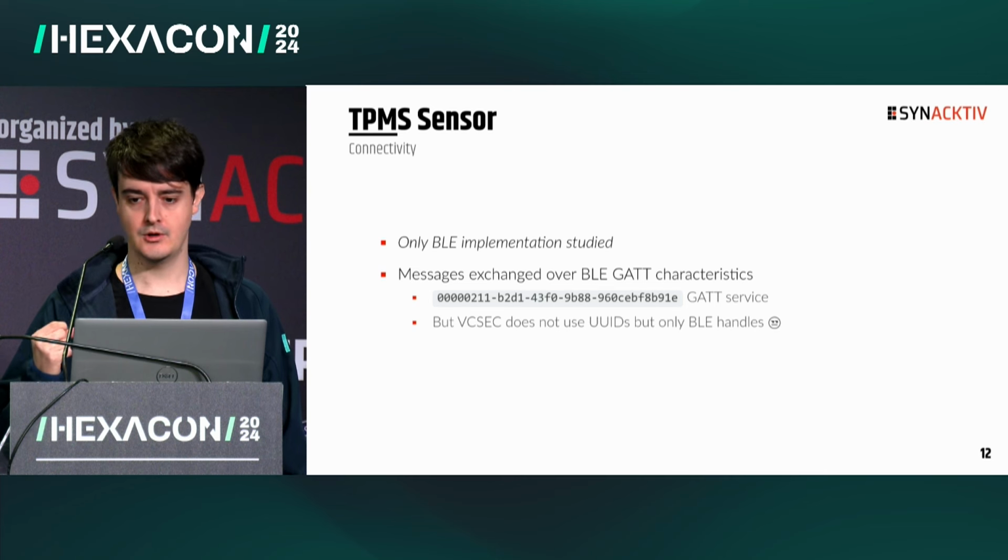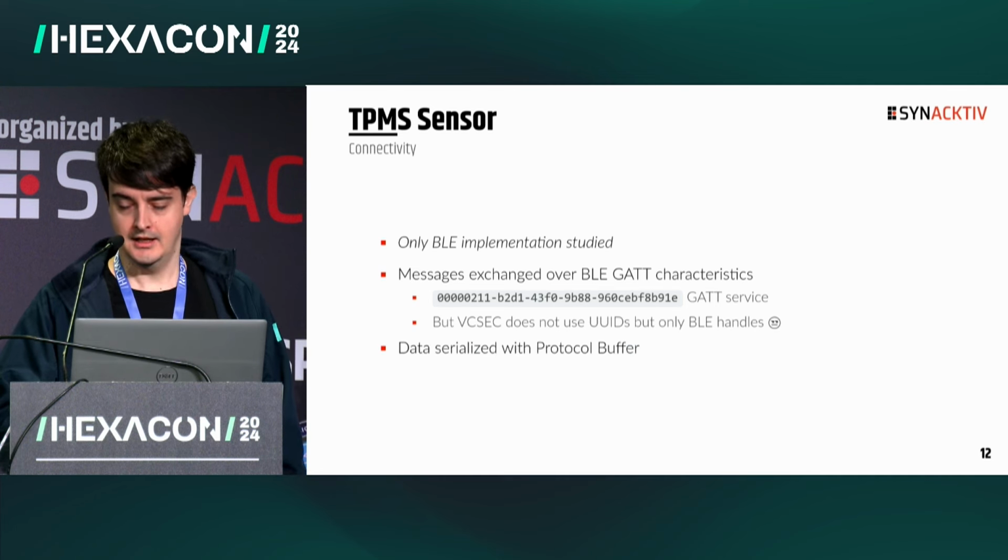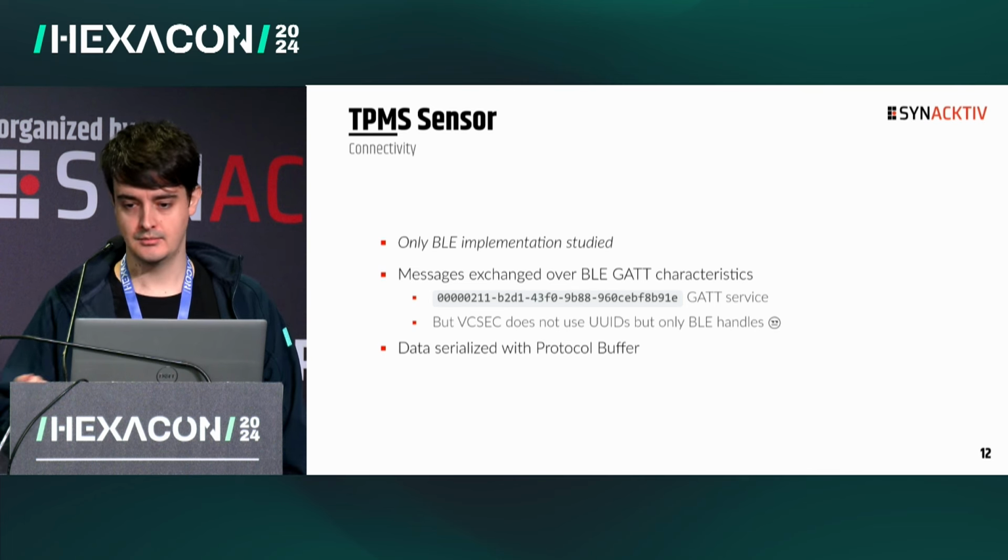But the VCSEC firmware does not directly use the UUID. They use the BLE handle, which is only 16 bits, and so we had to implement that. And the data is transmitted using Google's protocol buffers.